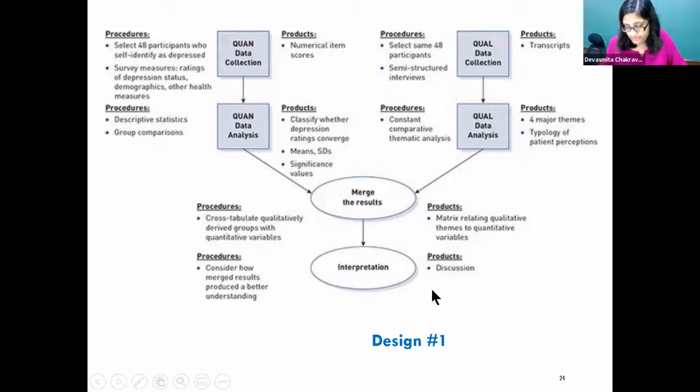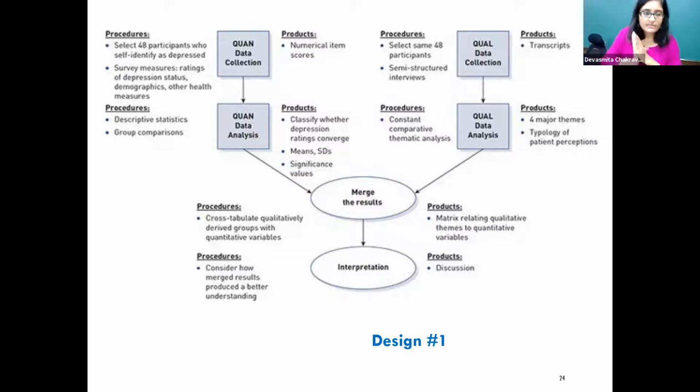Okay, so data mixing did not happen at the data collection level because data were collected separately from people and from their health records given by the hospital. So mixing did not happen there. All of you agree, right?